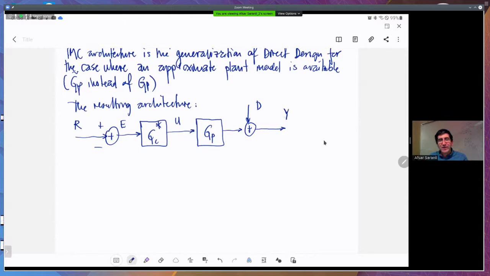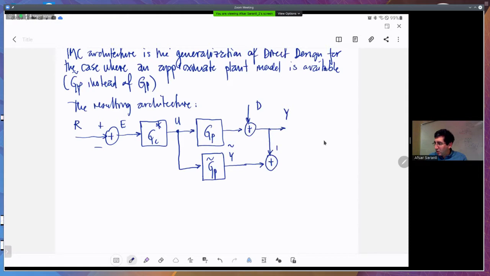Now, how do we feed back the signal differently from output feedback? We assume that the same input also drives the approximate model of the plant, and the output, we can call this the estimated output. The estimated output is then compared with the actual output.